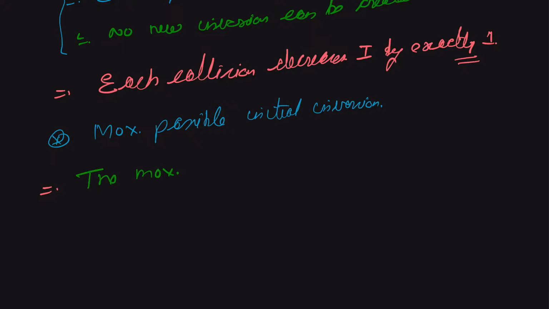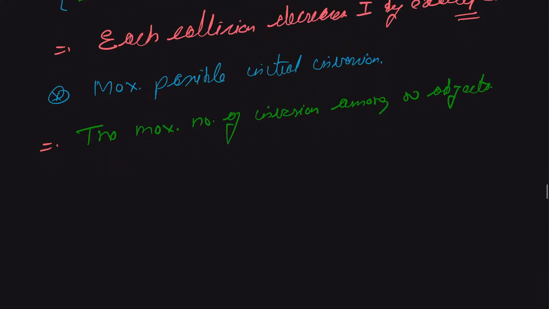The maximum number of inversions among n objects is obtained when velocities are strictly decreasing.